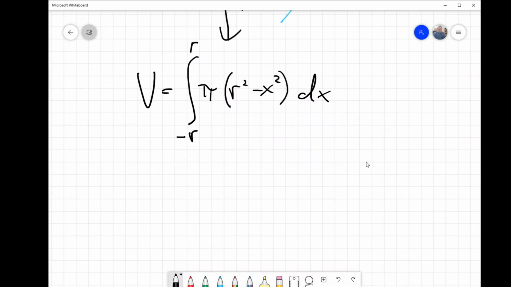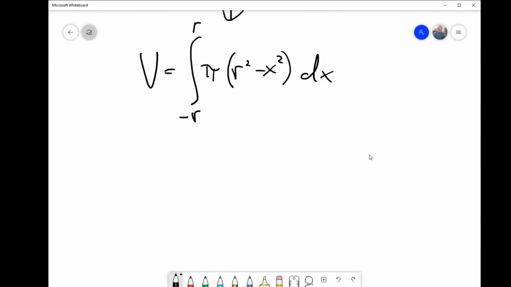Now, just to simplify things, because with volumes we always want absolute values, but with this expression we're going to have some negative volumes because that's the way the math is represented. So instead of taking the entire volume from minus r to r, we can multiply the whole thing by 2.